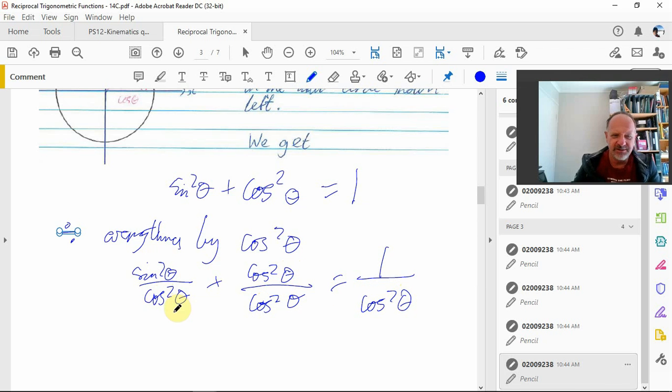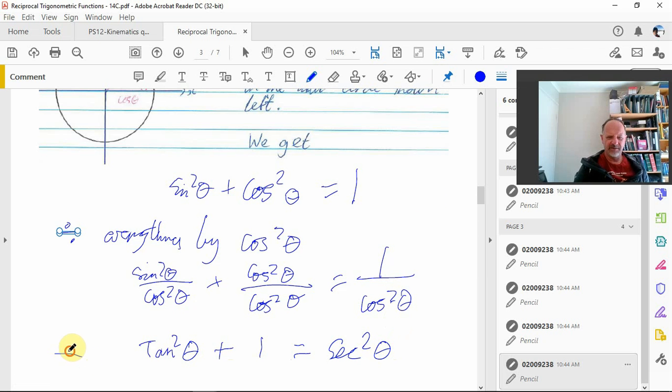Now, sine on cos is tan, so this is just tan squared. Something over itself, of course, is 1. And 1 on cos is sec, so this is sec squared. So there's another variation of our Pythagorean. Now, of course, I've just divided everything by cos squared there.